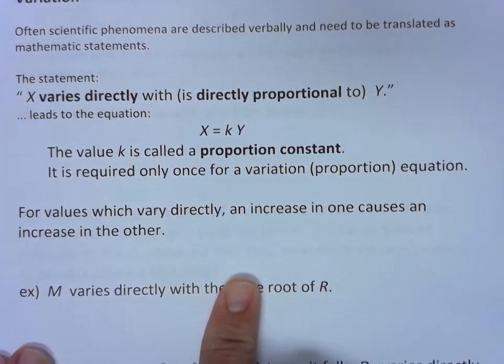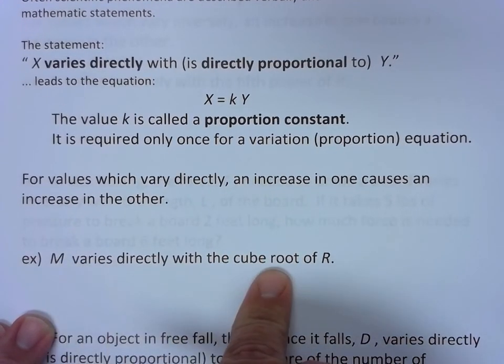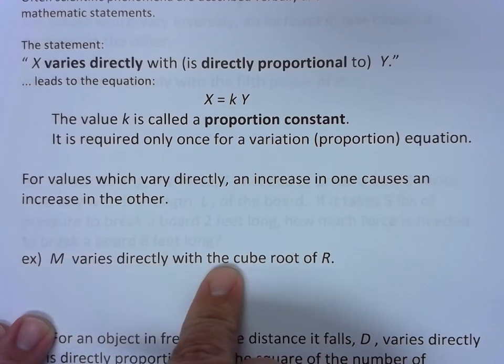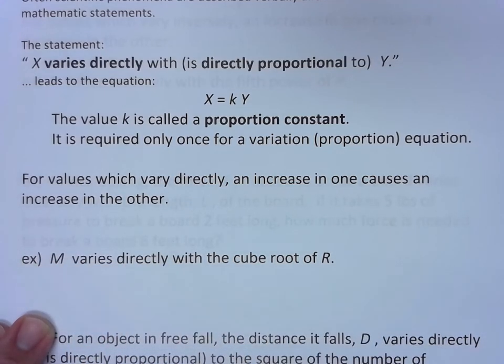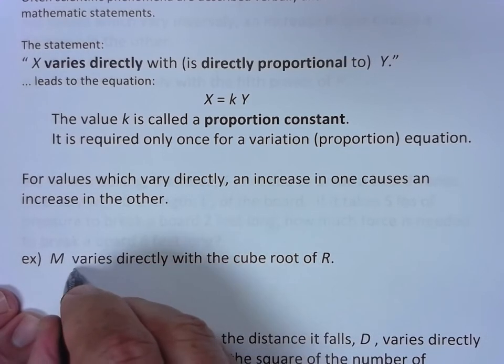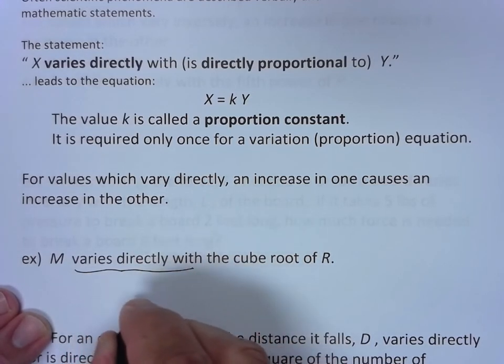So an example is if you're asked to take this sentence and translate it into an equation, the variable m varies directly with the cube root of r. Now keep in mind, this does not mean that m equals the cube root of r, it means it varies directly with. So those words right there guarantee that this is true.